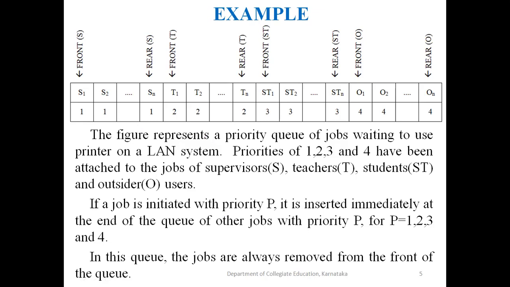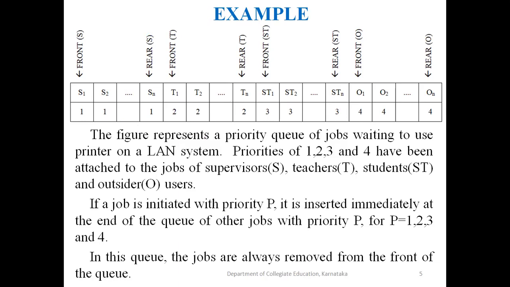Here the priorities 1, 2, 3 and 4 have been attached to the jobs of supervisors S, teachers T, students ST and outsider users O. If any job with priority P is initiated, then it is inserted immediately at the end of the queue of jobs with the priority P.